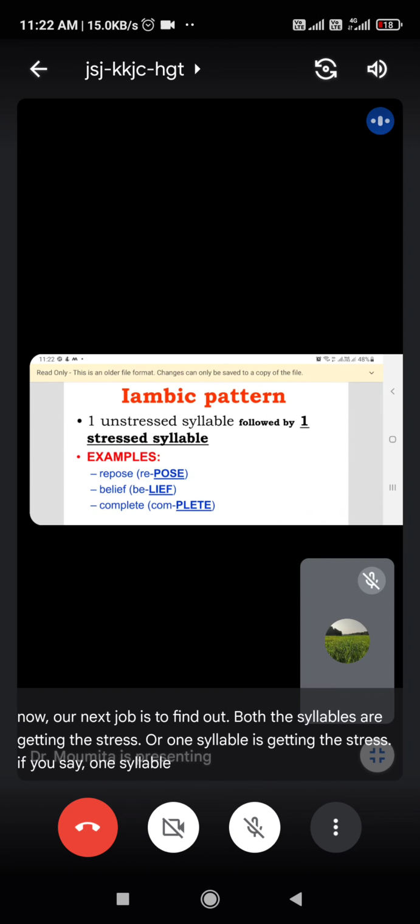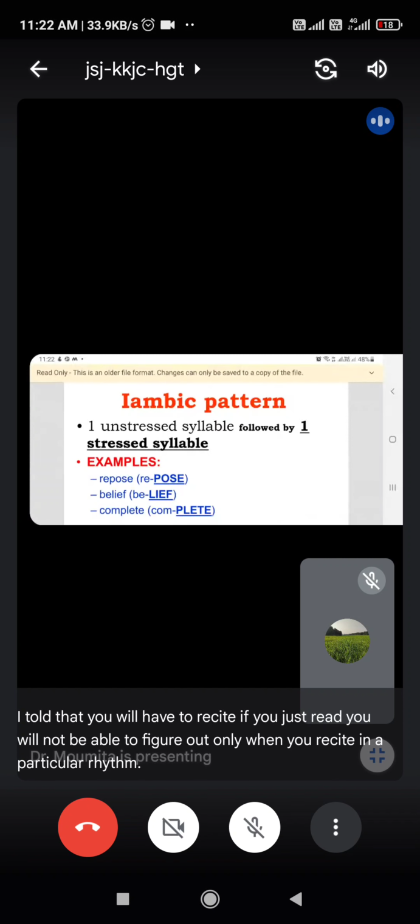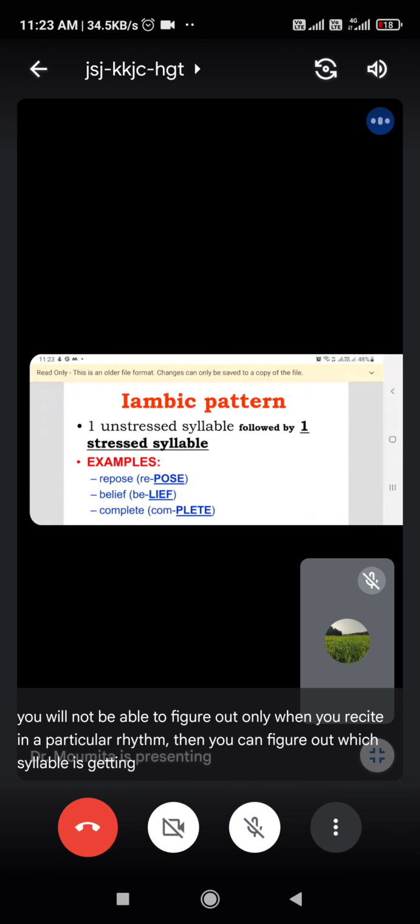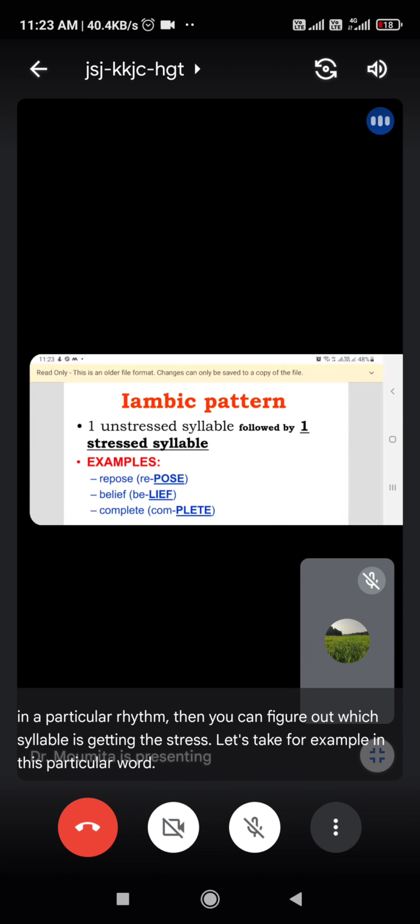If you just read, you will not be able to figure it out. Only when you recite in a particular rhythm can you figure out which syllable is getting the stress. In this particular word, the second syllable pose is getting the stress. So re is unstressed, pose is stressed.